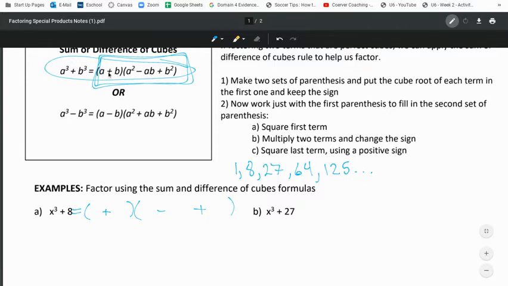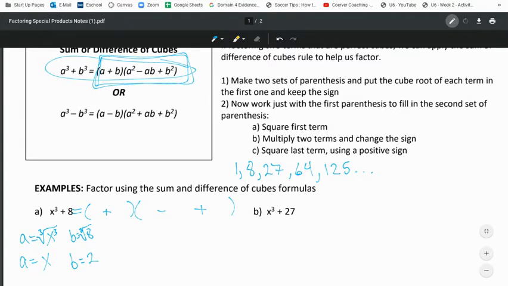So now what I have to do is figure out the values of A and B. A is the cube root of x cubed, so A is simply x. And B is the cube root of 8, which is 2.